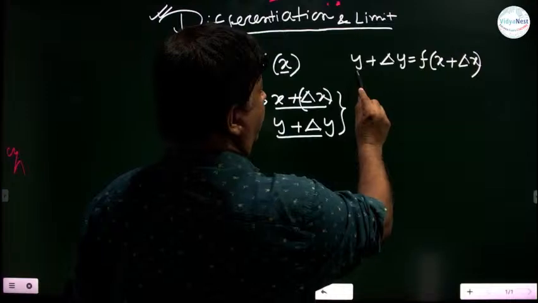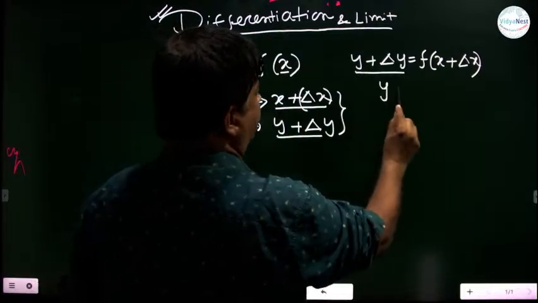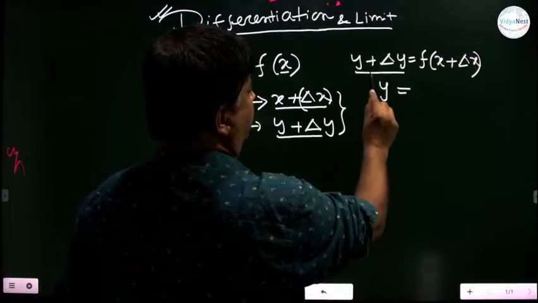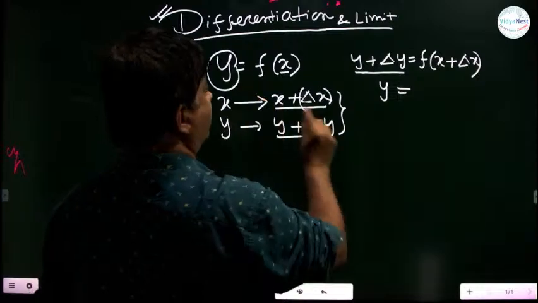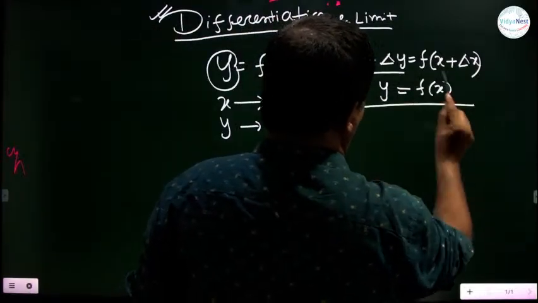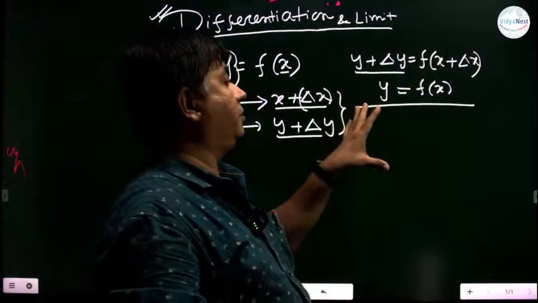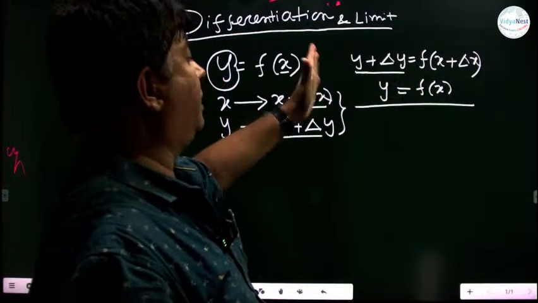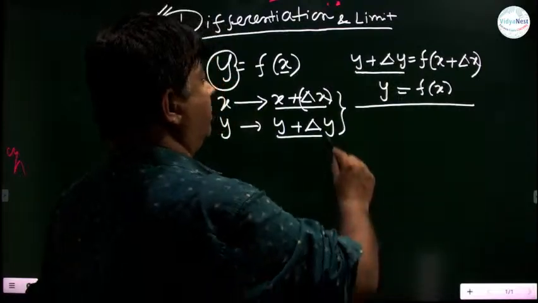So from the incremented value you subtract the previous value, means from the incremented expenditure you are subtracting the previous expenditure. So you can measure how much expenditure is done in your family.